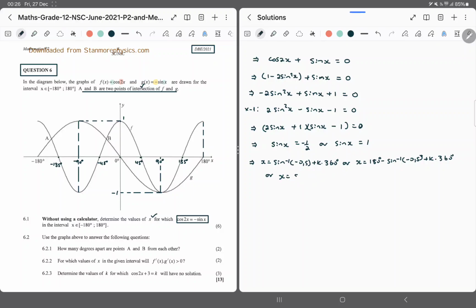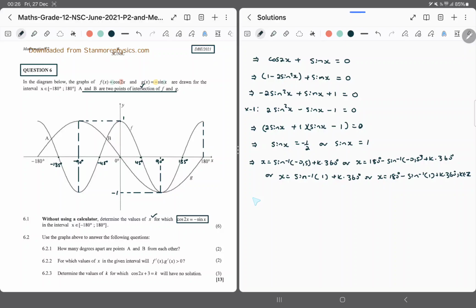We come to this one. So where k is an element of integers, right?